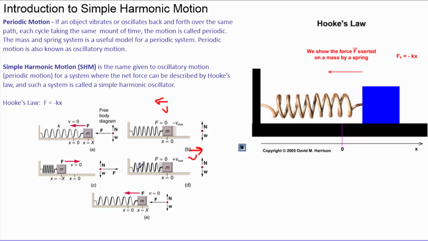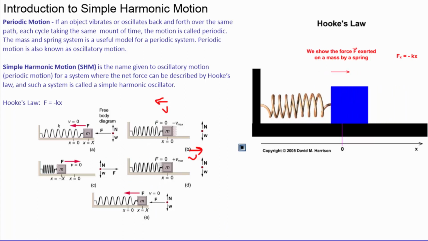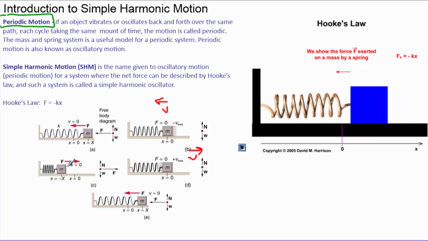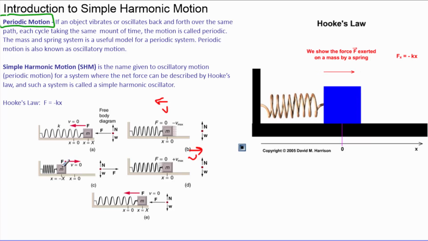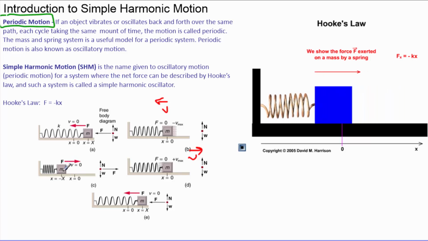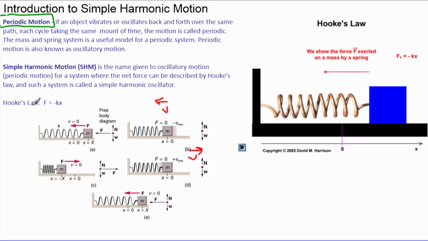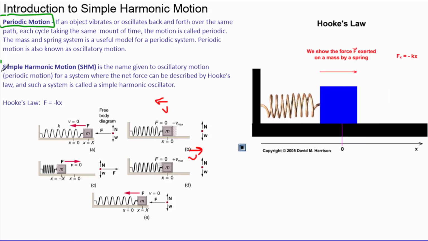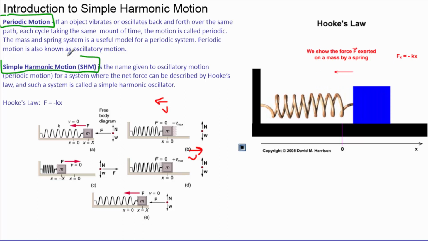The fact that it repeats allows us to define this as periodic. And because that force acting on it will always be opposite to the direction of my displacement, and always linear to my displacement, it abides by Hooke's law, hence it is considered simple harmonic motion.